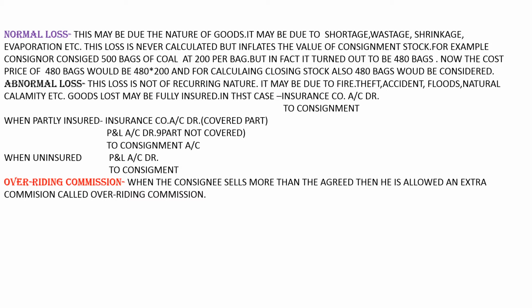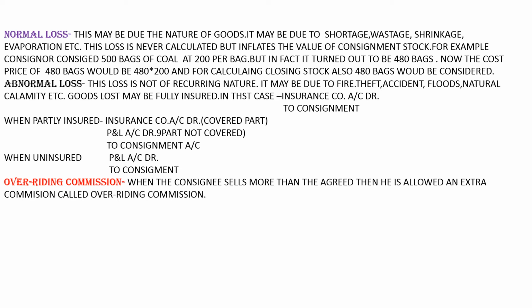Like we are sending vegetables or fruits or something, then on the way it loses its weight. Therefore, normal loss may be due to shortage, wastage, shrinkage, evaporation, etc. This loss is never calculated but inflates the value of consignment stock.